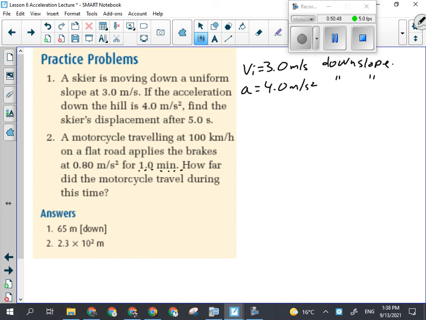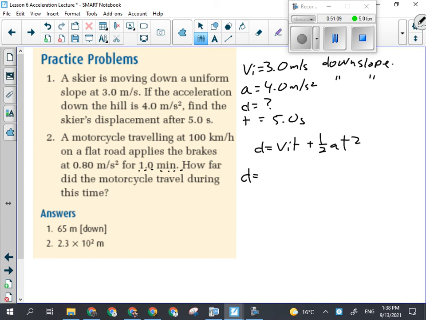Find the skier's displacement after 5 seconds. So the only formula I have that has those 4 things in it is this one, and it's set up nicely. I don't have to manipulate it, at least for question number 1. So I already set up to find D. So all I have to do is plug in my numbers.